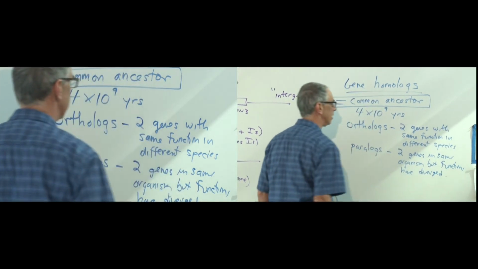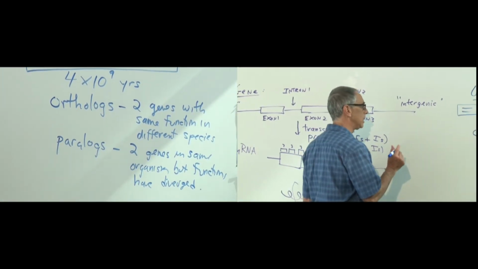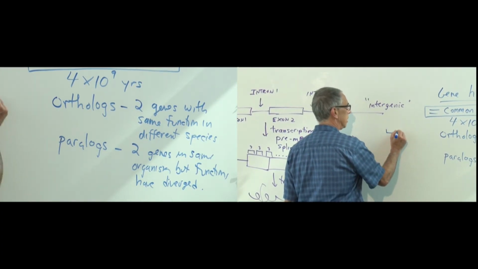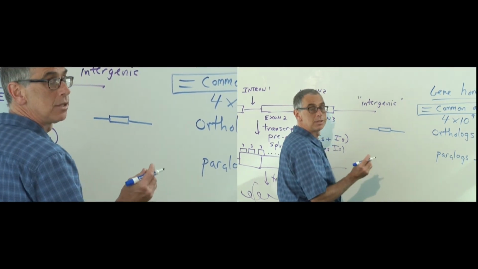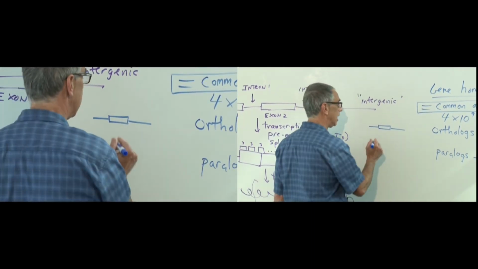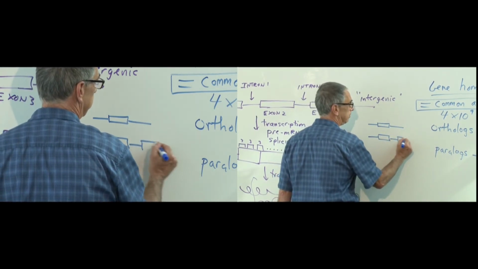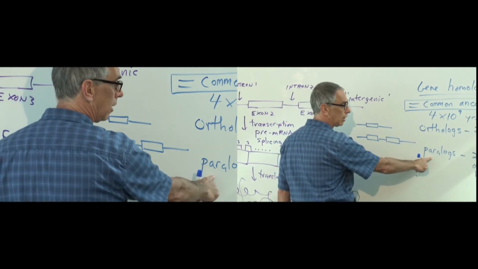All right, so why am I telling you about all this? Well, it's very important for pharmacogenomics because what we see in evolution is sometimes there's a single gene, so there's a gene sitting in the genome, and something happens during the course of evolution that gives the organism 2 copies of the same gene. So 2 copies of the same gene means that they're paralogs.